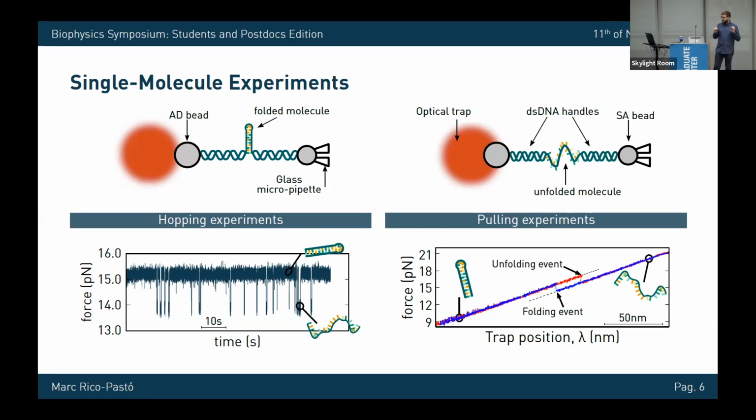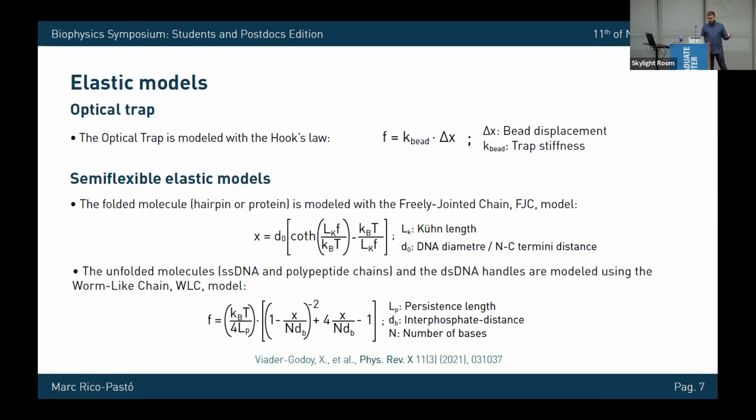The force that each state feels, present in the force-distance curve and also in the hopping experiments, depends on the elastic properties of the system. Commonly, the optical trap is modeled using Hooke's law with a spring constant.